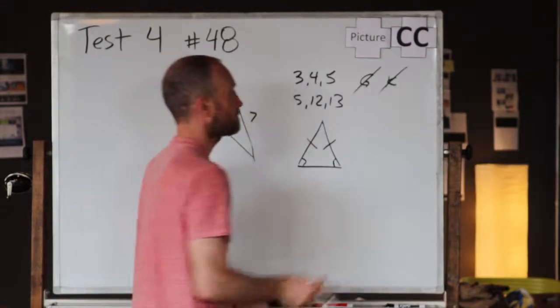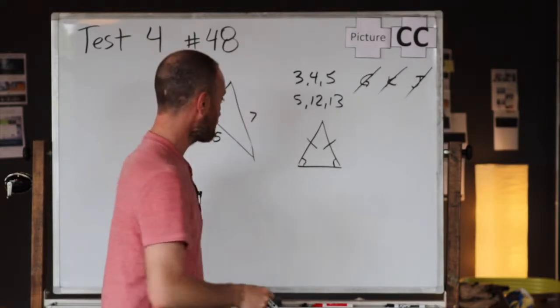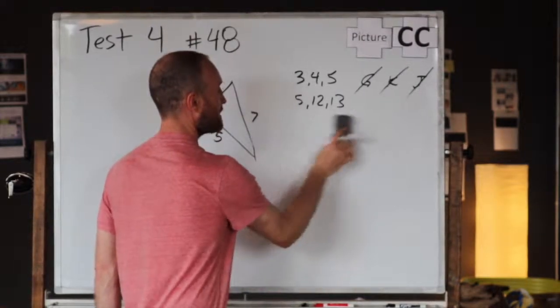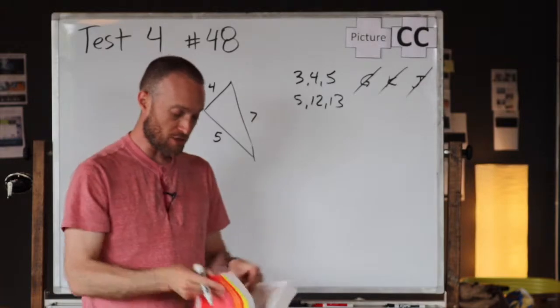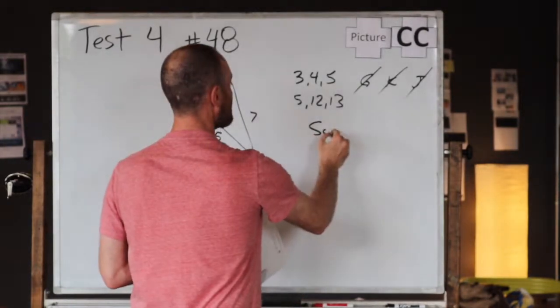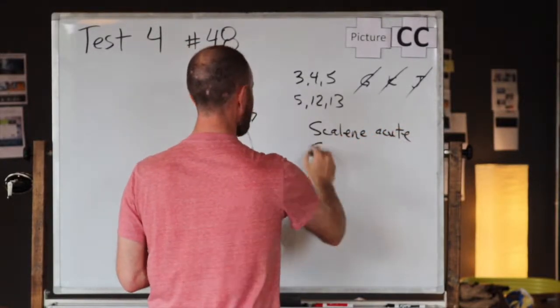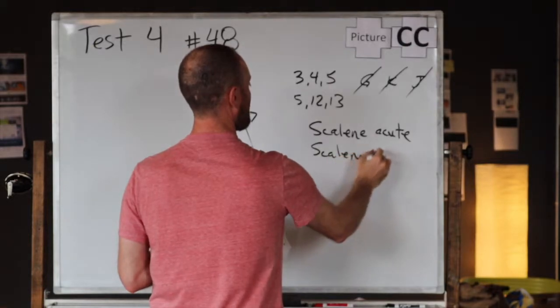Option J. So we've now eliminated 3 of the 5 options, and we have 2 left. The only 2 left are deciding whether it is a scalene acute or a scalene obtuse.